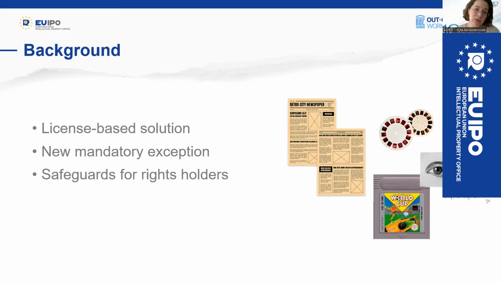And also we had to consider safeguards, important safeguards for right holders, who have to be able to exercise their rights via the portal as well. So this portal not only collects information from cultural heritage institutions, but also makes it easier for right holders to opt out from the Out of Commerce Works mechanism. So these two considerations always need to be taken into account.